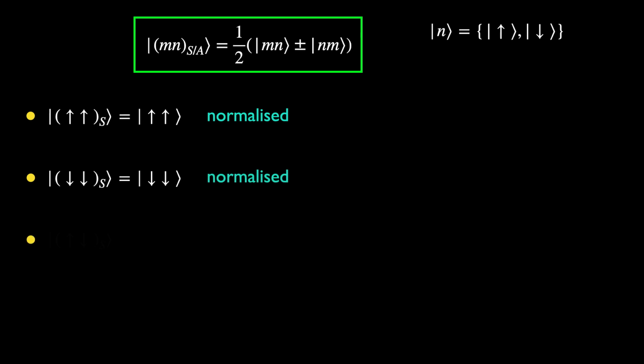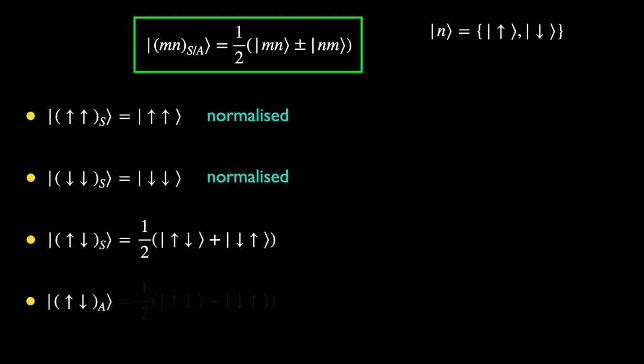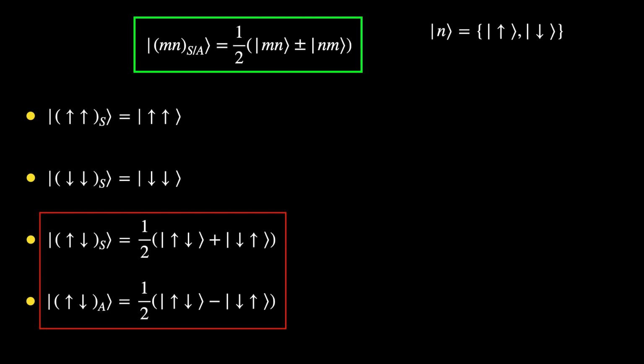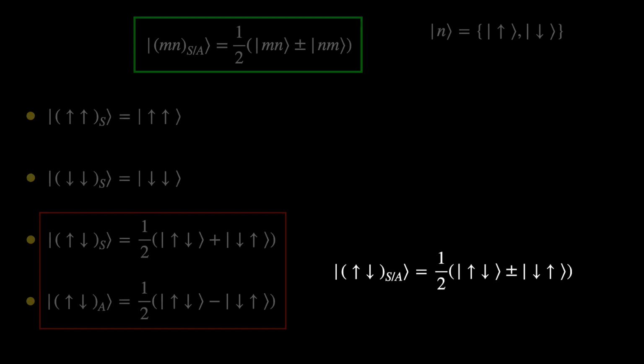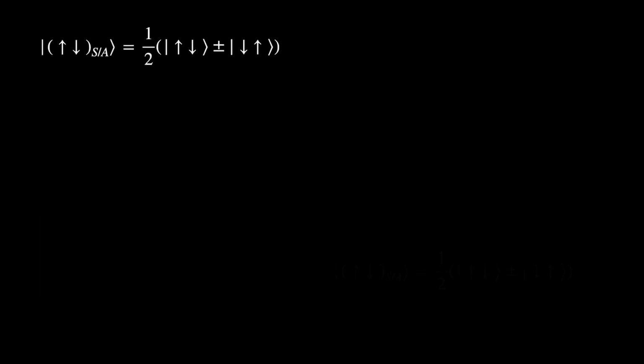There are two states with particles pointing in opposite directions, one symmetric and the other anti-symmetric. These are not normalized, since any state made up of an equal superposition of normalized states that are orthogonal to each other is normalized by 1 over the square root of 2 and not half. Let's check.